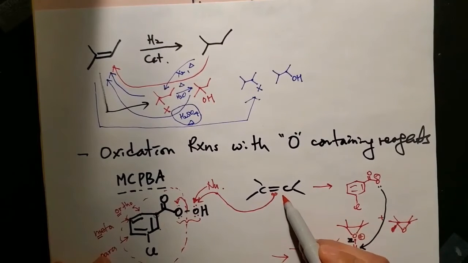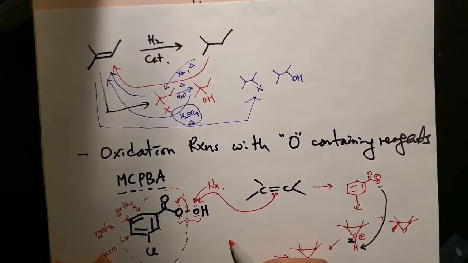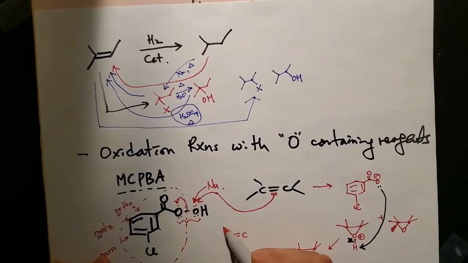This is more intuitive for learning the mechanism, it makes more sense, but in reality this gives a more stable transition state, making the reaction faster. So let me draw this for you. This pi represents the ring with the chlorine on it.